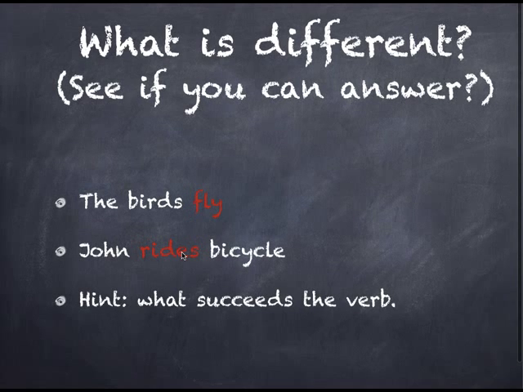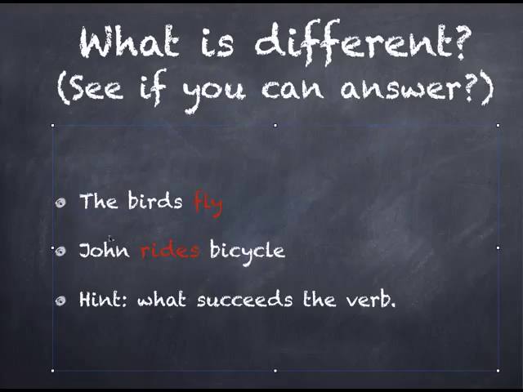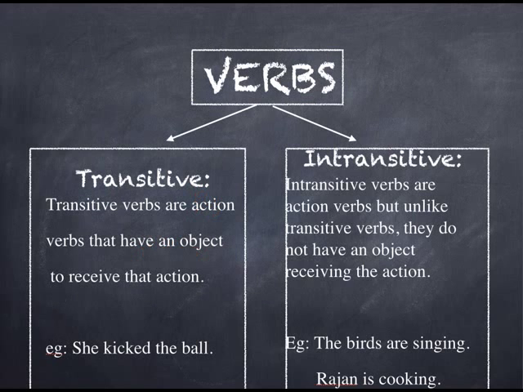Verb is in the red color. If there is any word after the verb, that will be a hint for you. I will give you 3 seconds. 3, 2, 1.